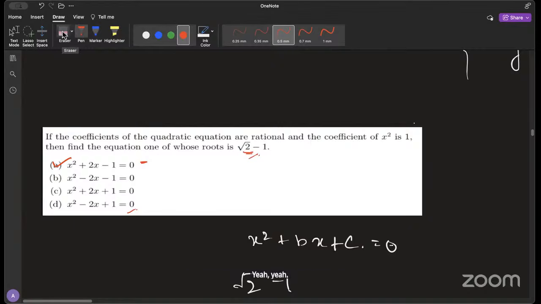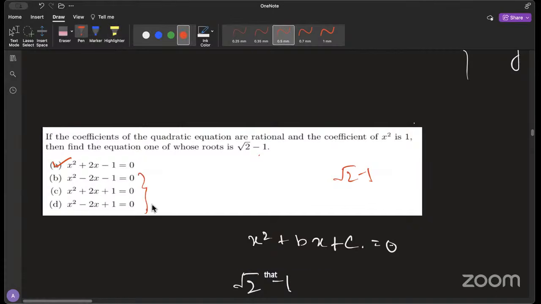Yes, ma'am. Wait. If one of the roots is this, that's actually not going to happen, because if one of the roots is root 2 minus 1, then the other root has to be the conjugate root. I think you must have made a mistake.